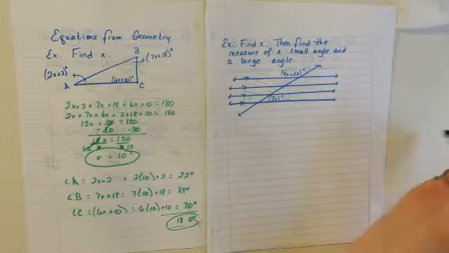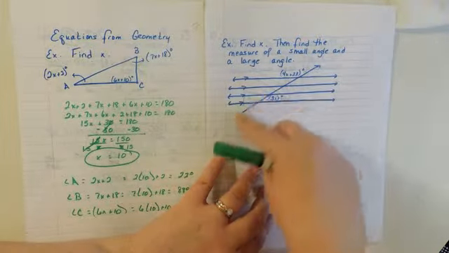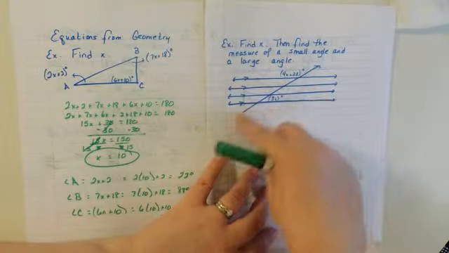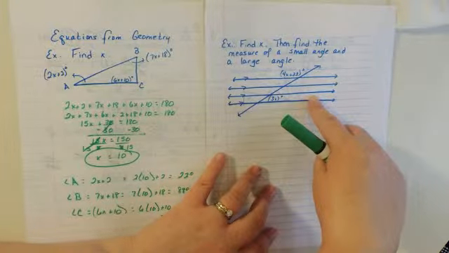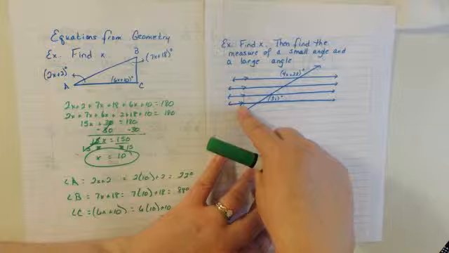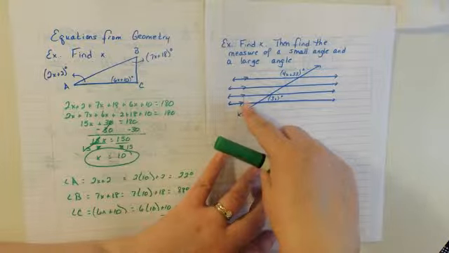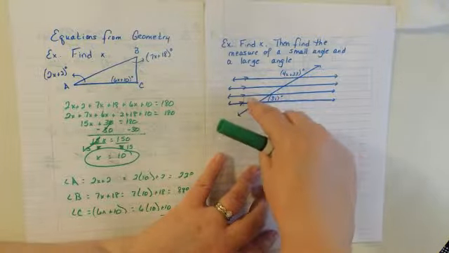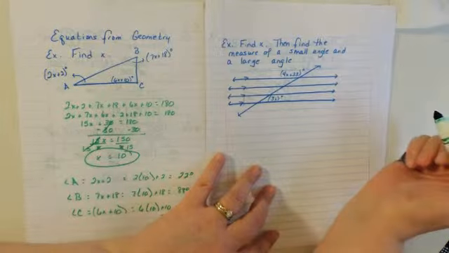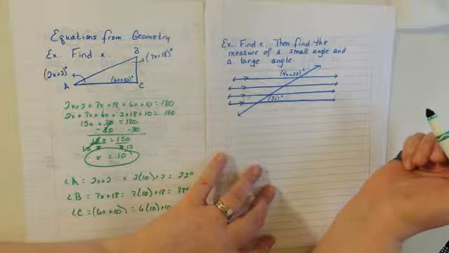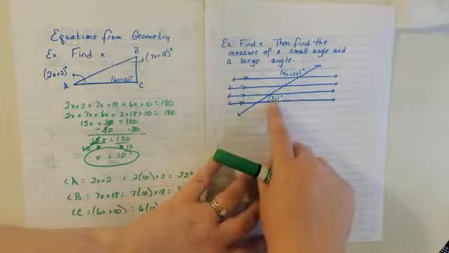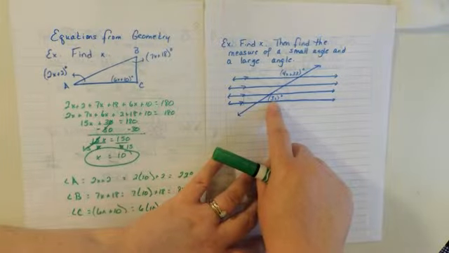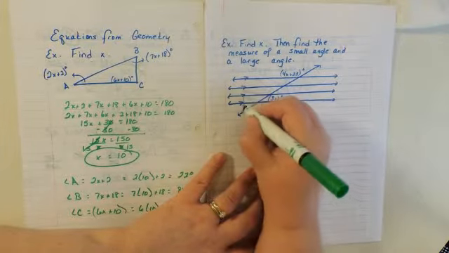And you remember we said that when a line transverses parallel lines, then the opposite angles are equal, and the adjacent angles are supplementary. So they're going to add up to 180. Okay? So if this is 3x degrees, then this is 3x degrees.